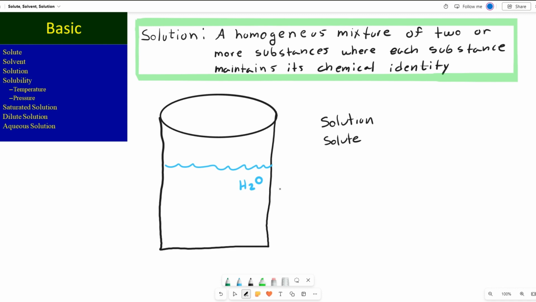And the solvent is defined as the component of the solution that's in the larger amount. Now, I always found it easier to remember them as the solute is what's being dissolved, and the solvent is what's doing the dissolving.